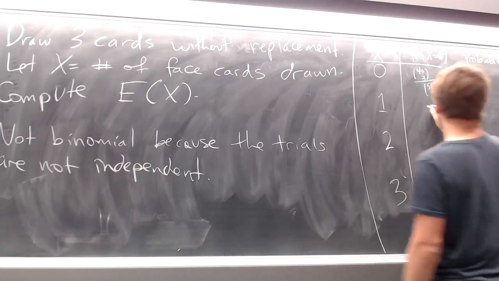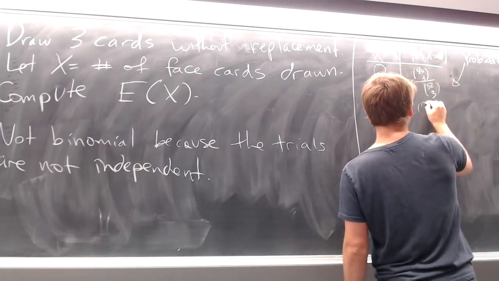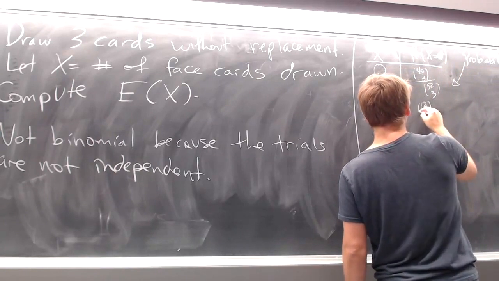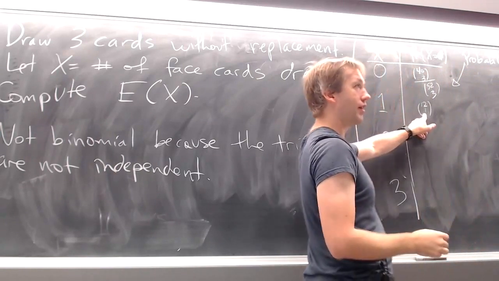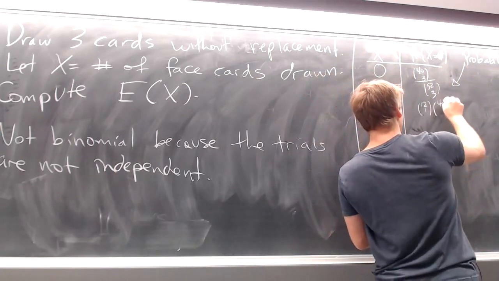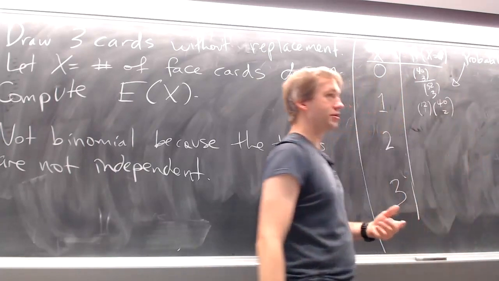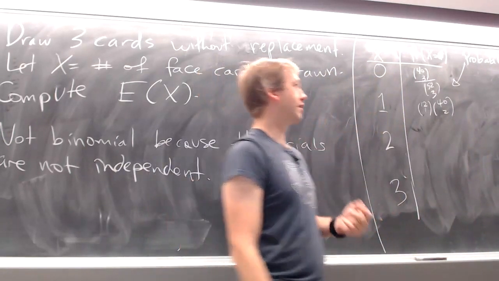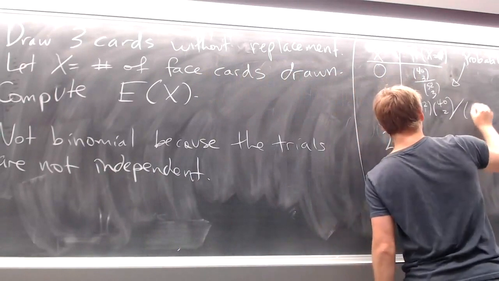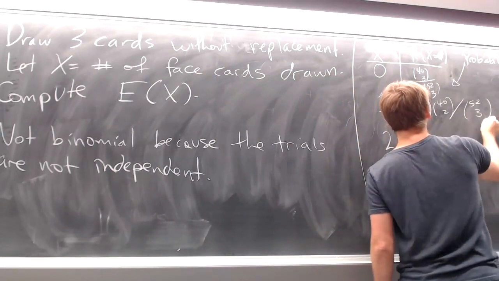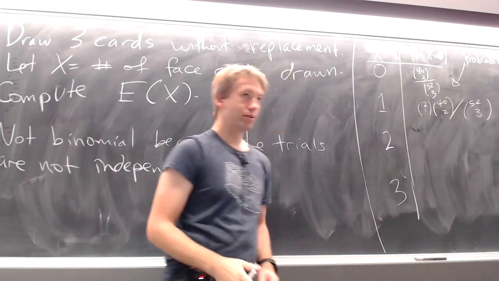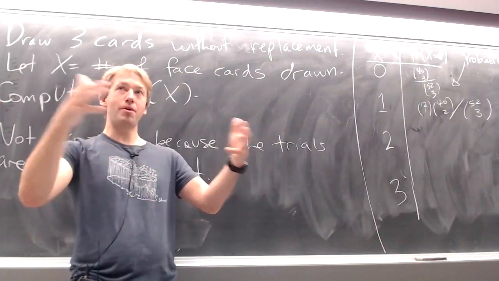Okay, so then this one's going to be 12 choose 1, ways to choose 1 face card, 40 choose 2, ways to choose 2 non-face cards, and again divided by 52 choose 3, which is the total sample space of all possibilities.